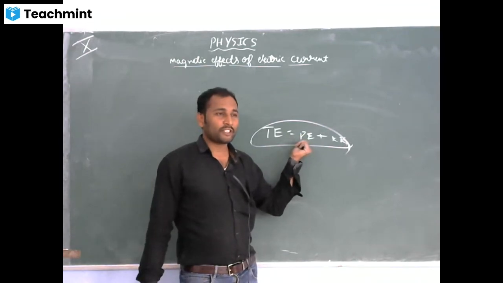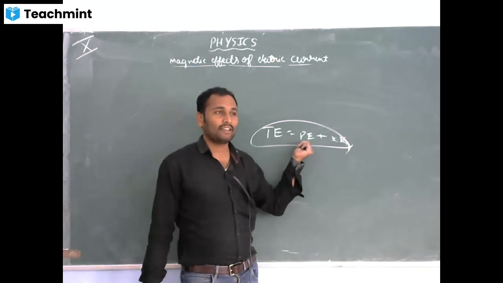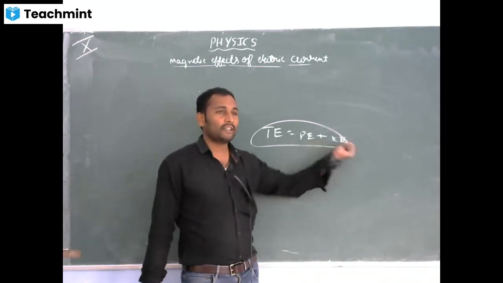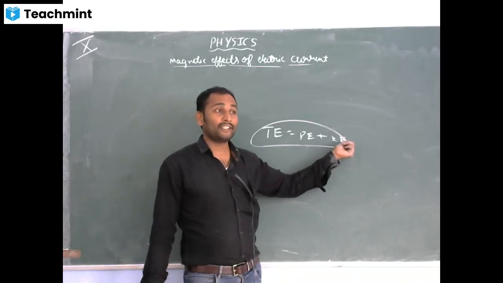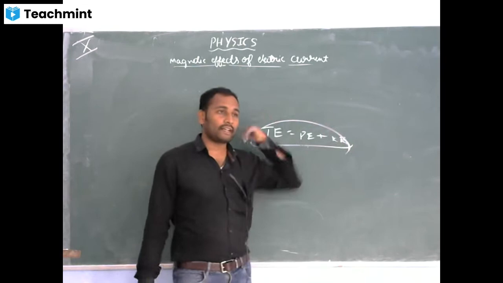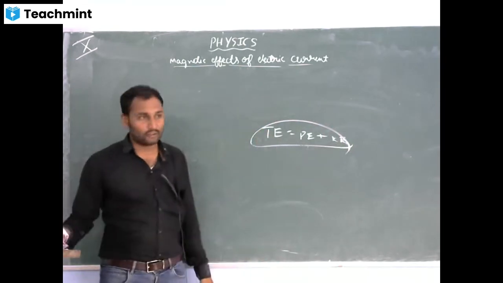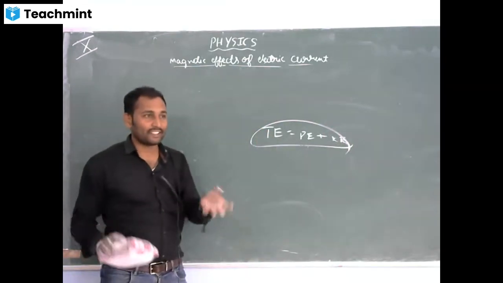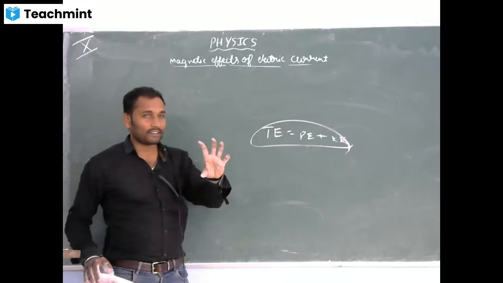The energy possessed by the body by virtue of its position is potential energy. The energy possessed by the body by virtue of its motion is kinetic energy. The energy obtained by summing these two we call total energy. So now you know what is mechanical energy. Clear?